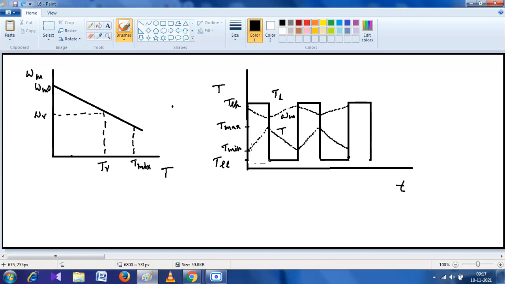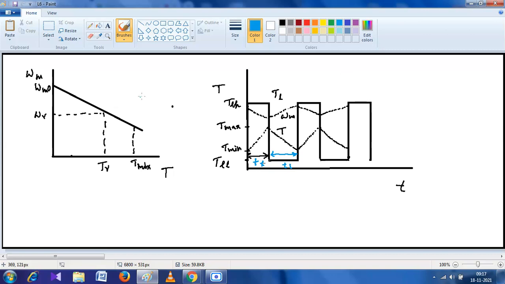Suppose the time taken for high torque is TH, and the low load region is TL. We have to calculate the moment of inertia of the flywheel at that time.